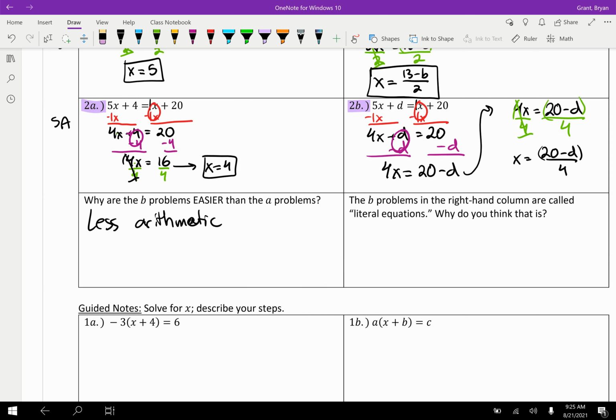They've had the letter x. More letters than just x, right? It's very common if you sneak a peek down at 1b to have just letters or constants or variables instead of any numbers at all. So literal equations are really just equations with, and I'll put this in parentheses, more letters.